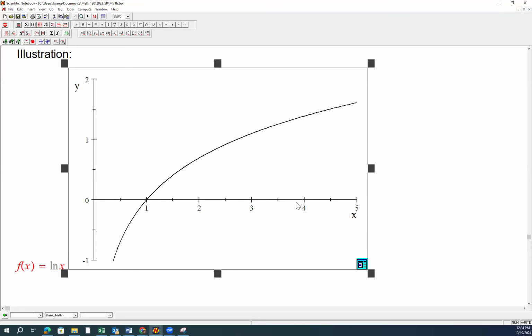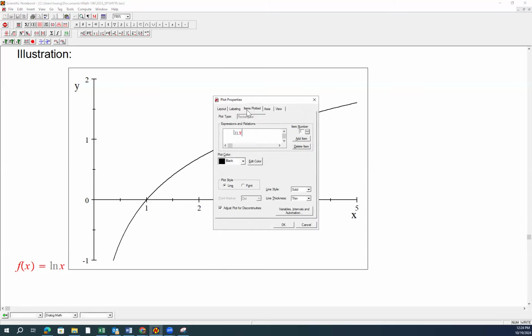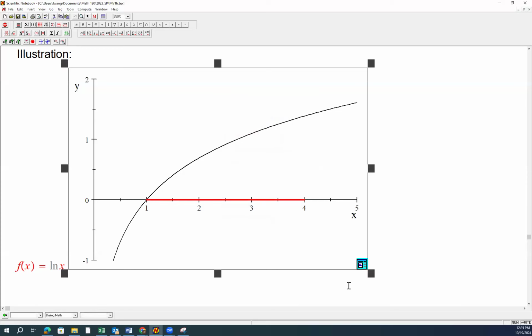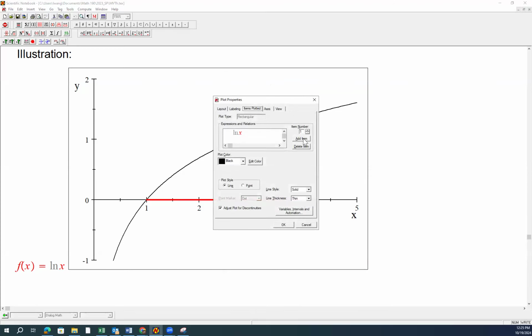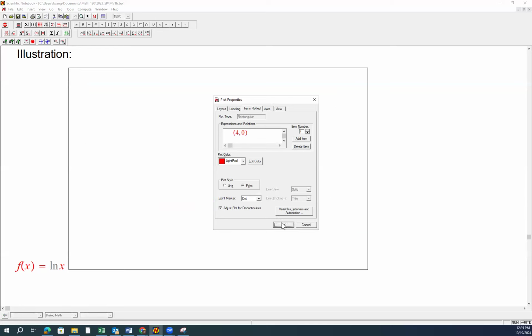The interval of our consideration is really 1 to 4, so we're going to mark that interval. It's a closed interval for continuity, and it's differentiable in the open interval.